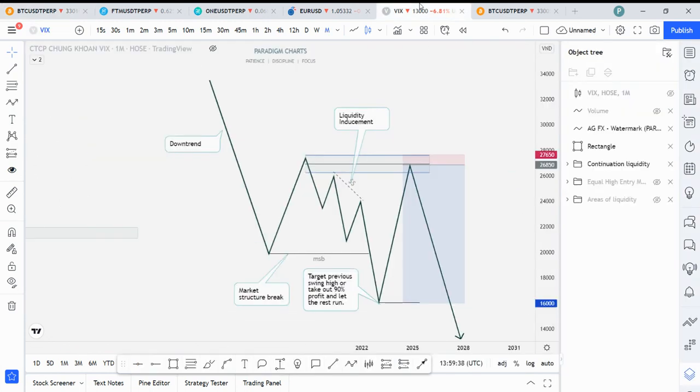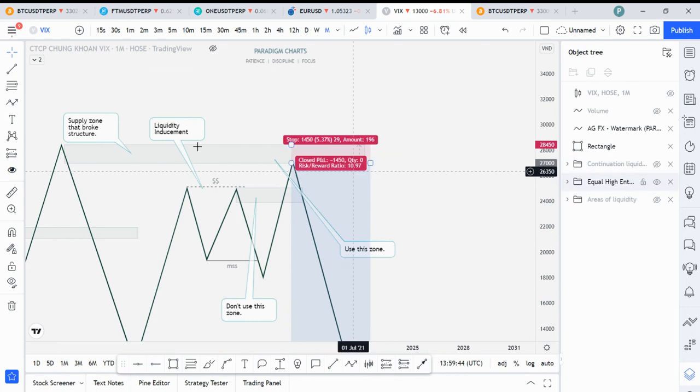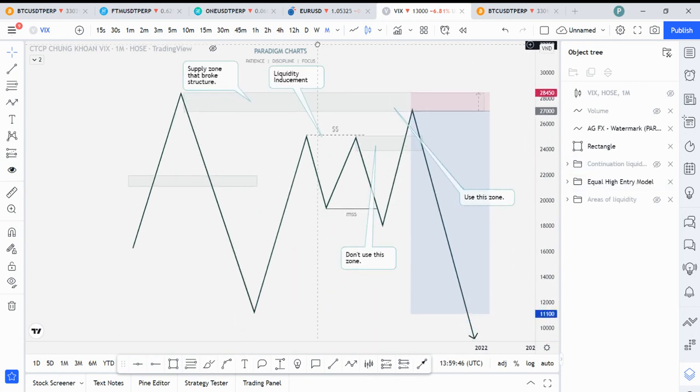Let me show you one more model for reversal. This is a reversal setup. Let's assume that price is trending up, and then we have a break of structure. We have a market structure shift to the downside.